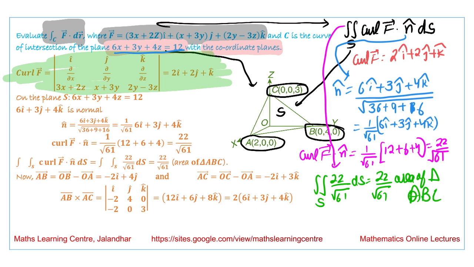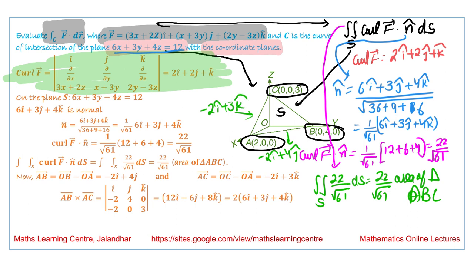ABC. Now to calculate the area of this triangle, we have to find the sides. So the equation of this side AB in vector form is minus 2i cap plus 4j cap, and the equation of this AC that we have is minus 2i cap plus 3k cap.